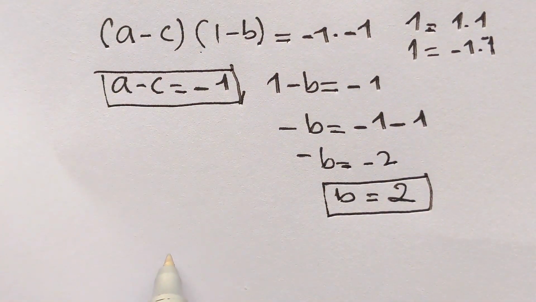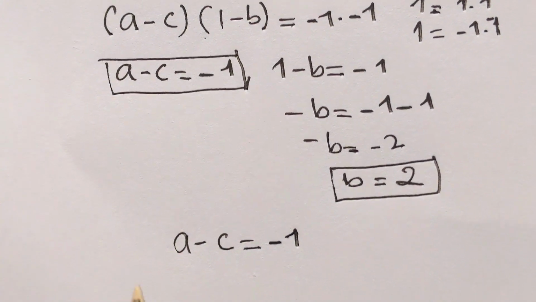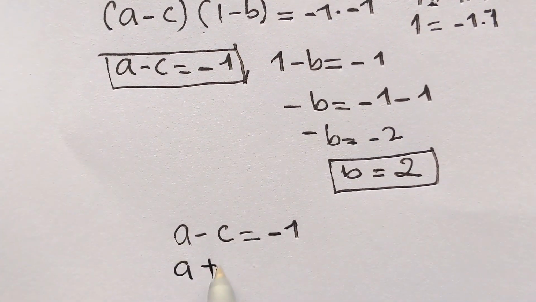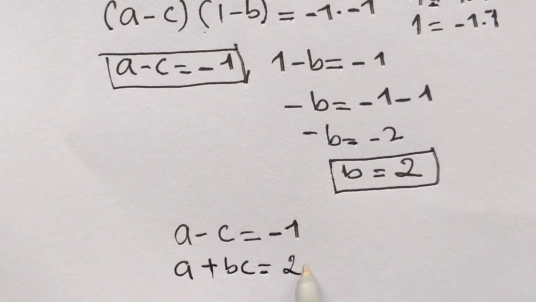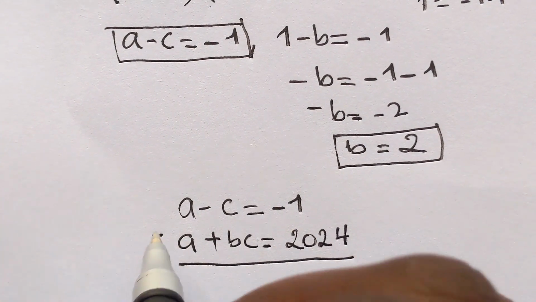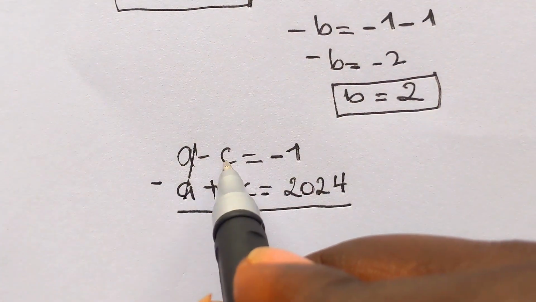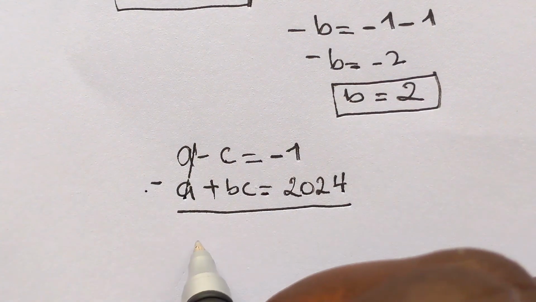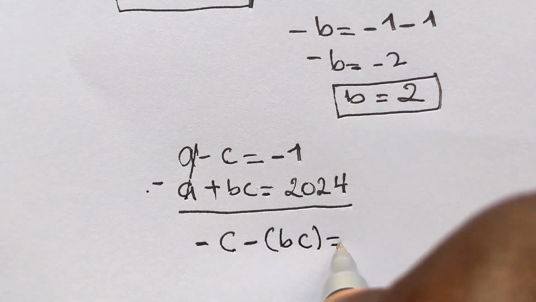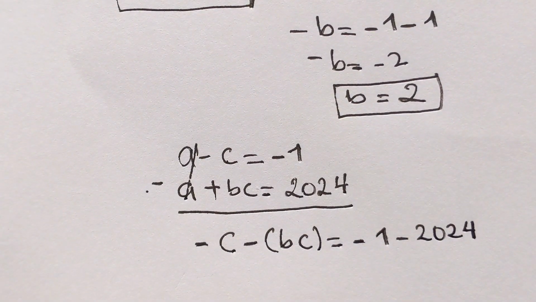We remain with a minus c equals negative 1, and we solve it simultaneously with a plus bc equals 2024. We subtract, and a cancels to give negative c minus bc equals negative 1 minus 2024.